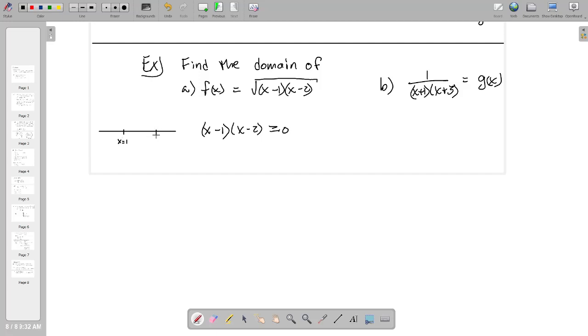And that happens at x equals 1 and x equals 2. So now our number line is divided into 3 regions. Left of 1, which is less than 1, between 1 and 2, and greater than 2. Then we need to make our chart so that we can figure out when the product is greater than or equal to 0.